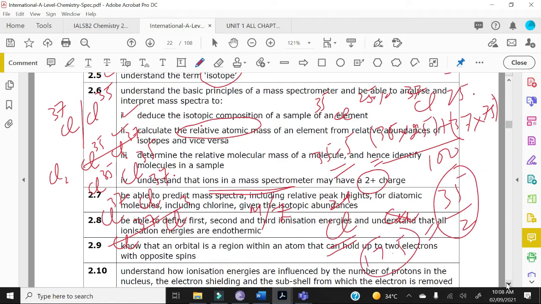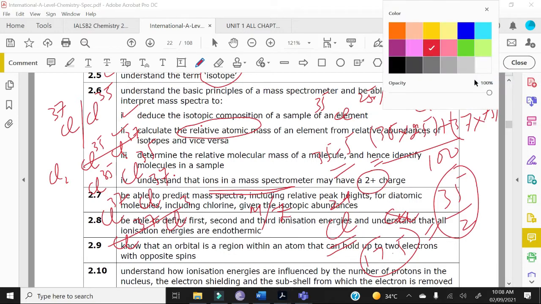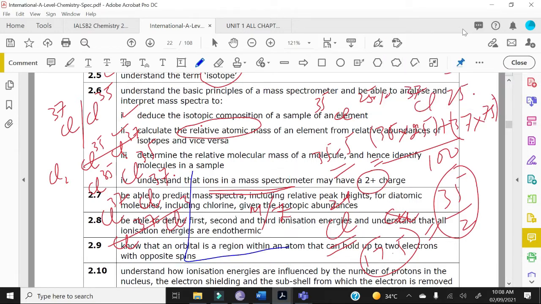So when I'm getting the peak, I will get a peak somewhere else. I will be getting normal peak at 35, another peak at 37, and I'll get one peak here in the same sample, which will be 17.5 or 18. So what will I think about it? It's chlorine, Cl, it's 35, but the charge is 2 plus. Okay, are we clear? Yes, sir.